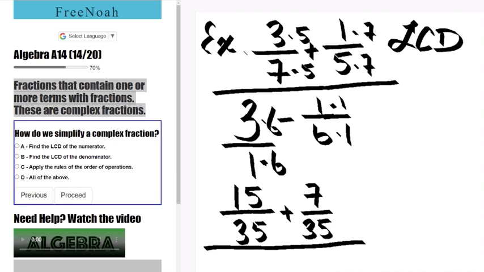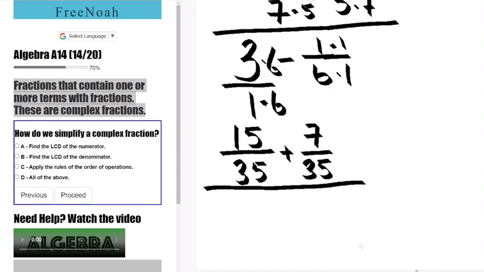This numerator divided by 3 times 6, well, that'll give us 18. 1 times 6 will give us 6, minus 1 times 1, well, that'll give us 1, and 6 times 1, that'll give us 6.